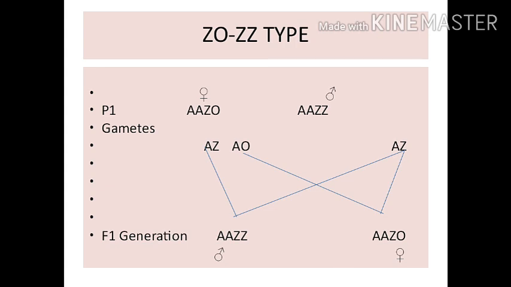It produces the male with ZZ, and the egg without Z chromosome, when it fuses with the Z chromosome carrying sperm, it produces female, that is heterogametic with Z chromosome and without Z chromosome.